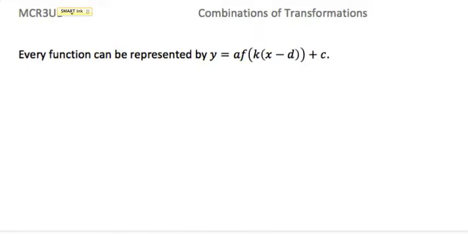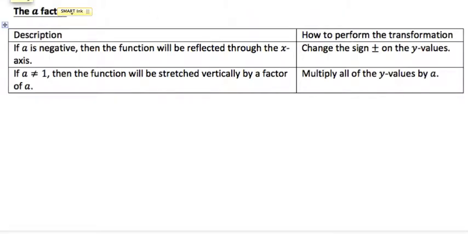So we should know that if the number in front of our function is negative, then it will be a reflection vertically. So it's a reflection through the x-axis.